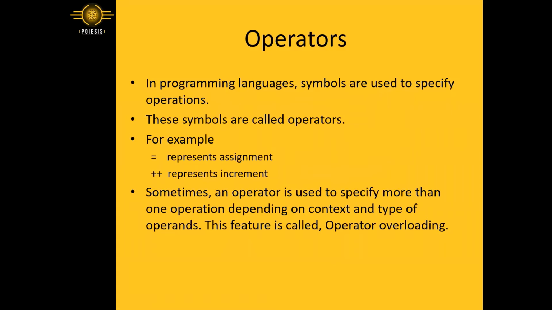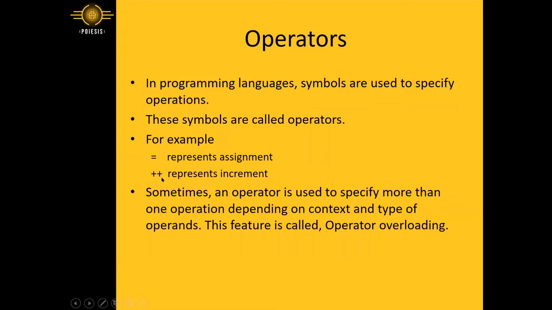In programming languages, symbols are used to specify operations. These symbols are called operators. For example, this symbol represents the assignment operation in Python, so we call it the assignment operator.